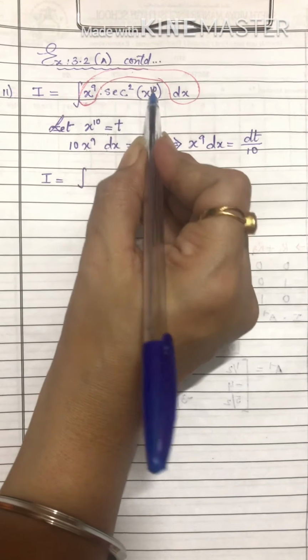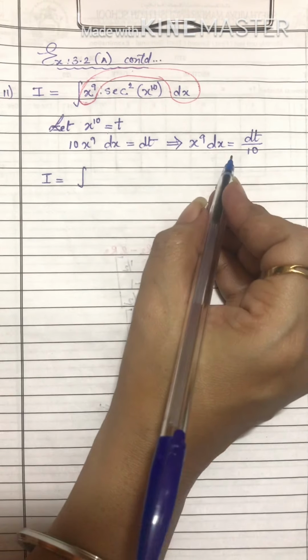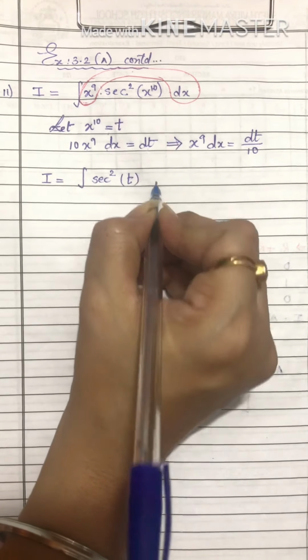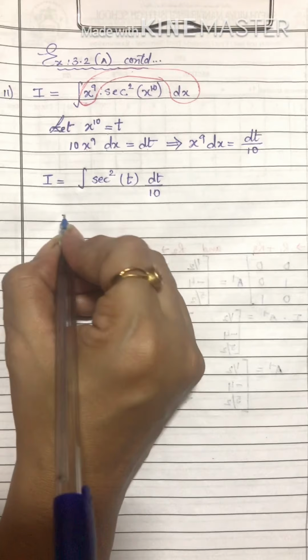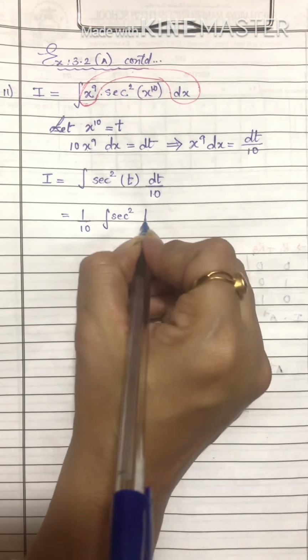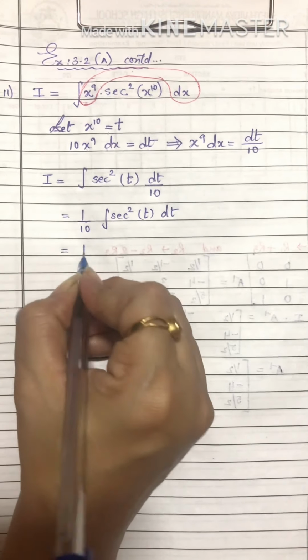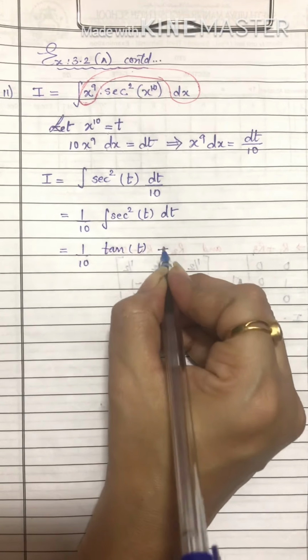So this we will take here, and sec square x raised to 10, where x raised to 10 is t. So we get sec square t dt upon 10. This 10 we will take outside the integral. 1 upon 10 integration sec square t dt. Now the integration of sec square is tan. So we get here tan t plus c.